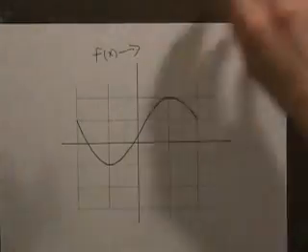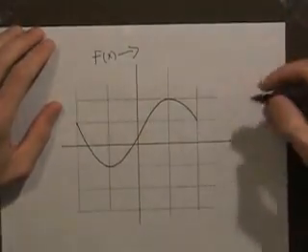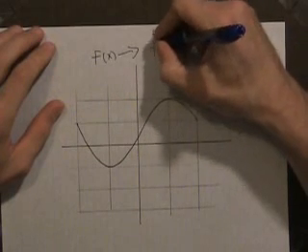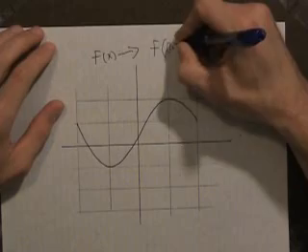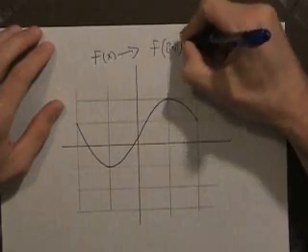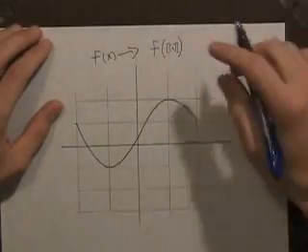The last one I have in mind is a tough one. That's going to be, we're going to send the function f of x to f of the greatest integer of x. So we're going to do the greatest integer first and then operate f.